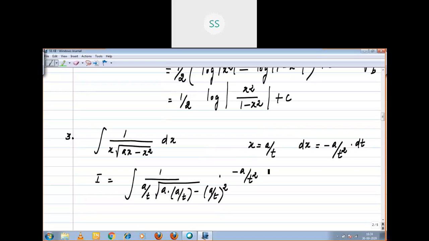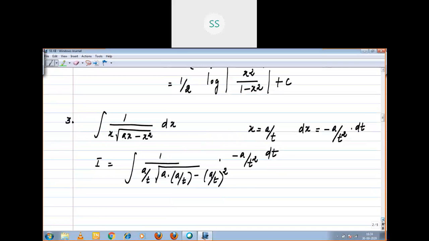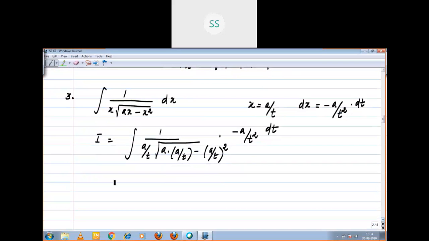Now you see I equal to integral 1 divided by x can be replaced by a by t, root of a into a by t minus a by t the whole square. dx can be replaced by minus a by t square into dt, right? x and all replaced by a by t.